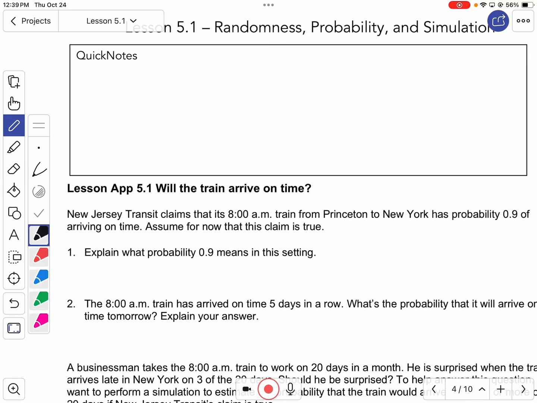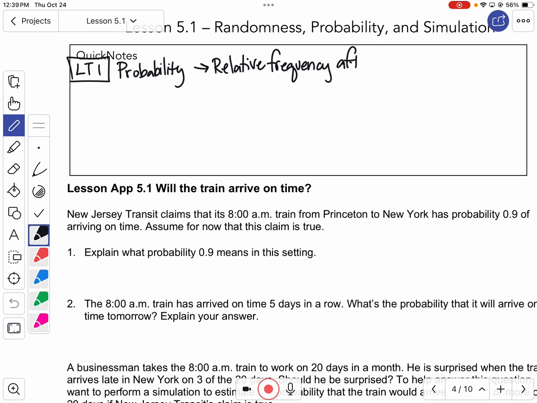So our first learning target was about probability. It's just the relative frequency after many simulations, or many, let's call it trials. After many trials.